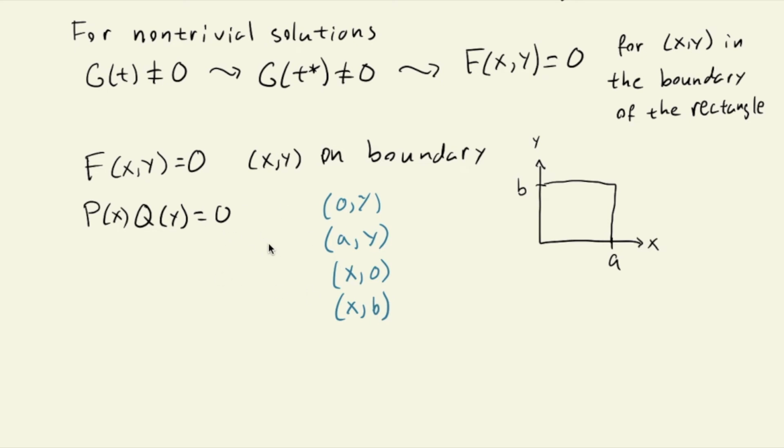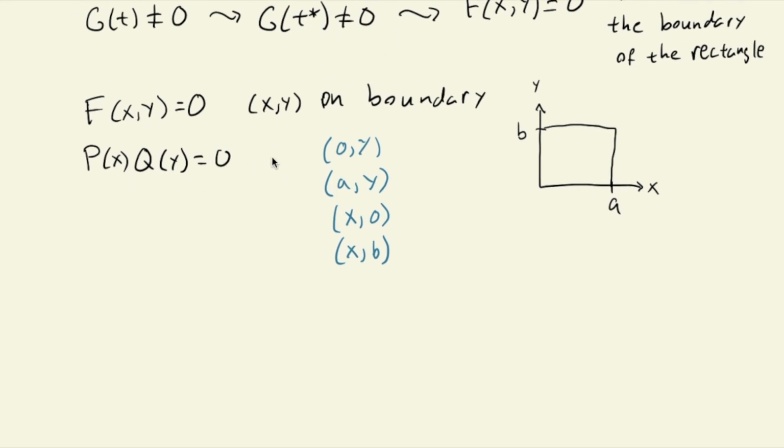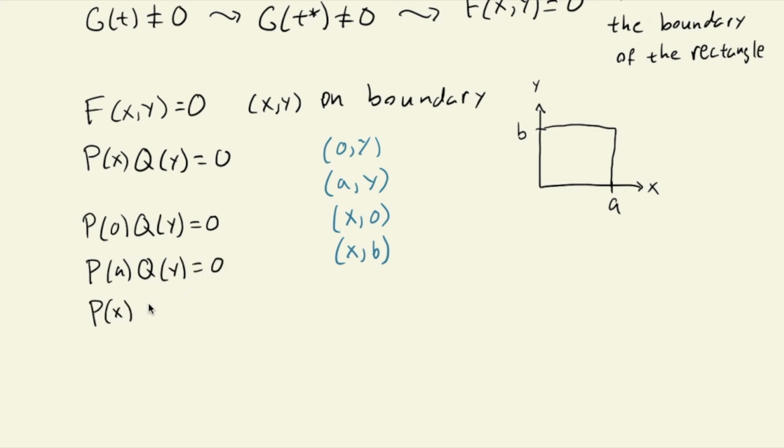These different parts are going to give us different equations, right? So when p of x y is equal to 0 for all choices of x y on the boundary, this means that p(0) q(y) is equal to 0, p(a) q(y) is equal to 0, p(x) q(0) is equal to 0, and p(x) q(b) is equal to 0, right?